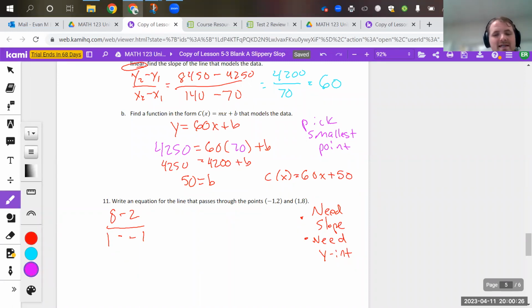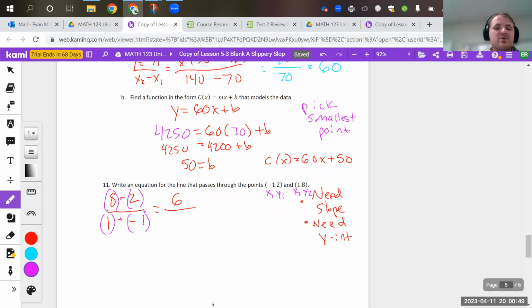Remember, if I just call this x1, y1, and x2, y2, the skeleton step is that I'm putting all those things in parentheses like that, and then plugging them straight into the parentheses. So on top, you would get 6, and on bottom, remember, you've got to keep change when you have subtraction and one more negative.